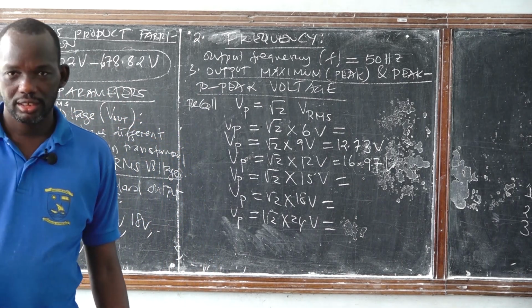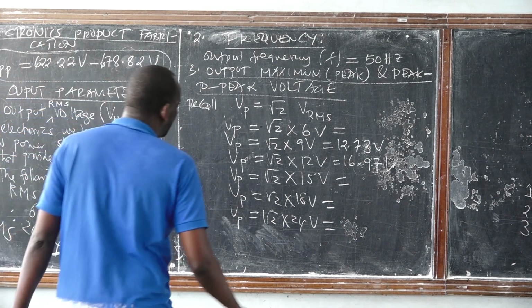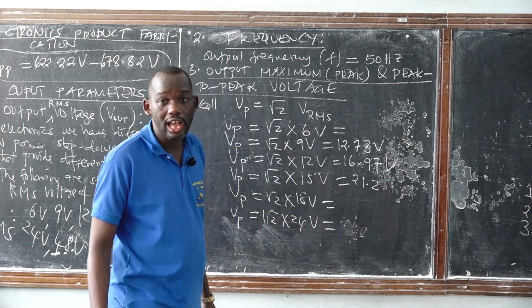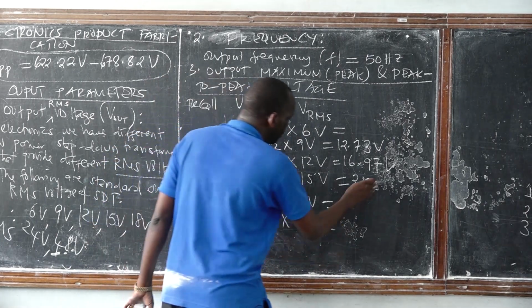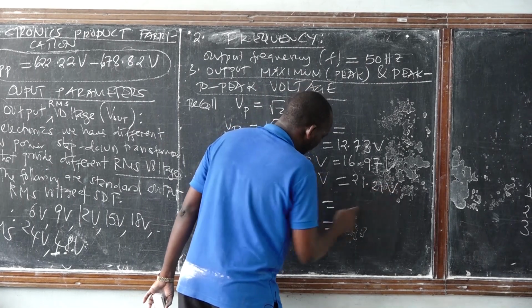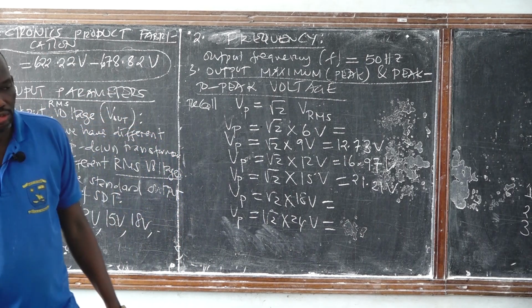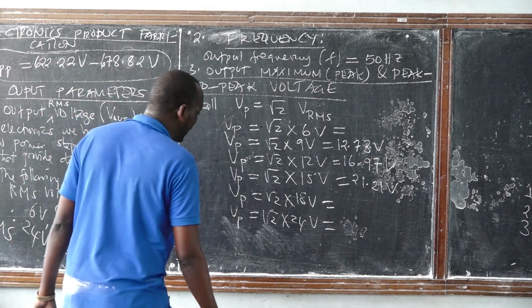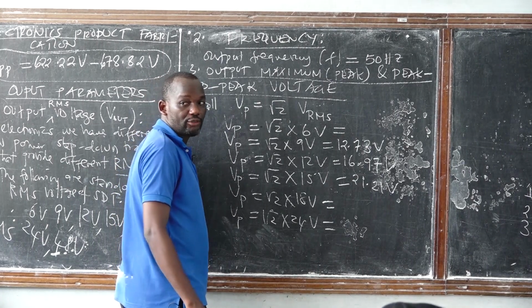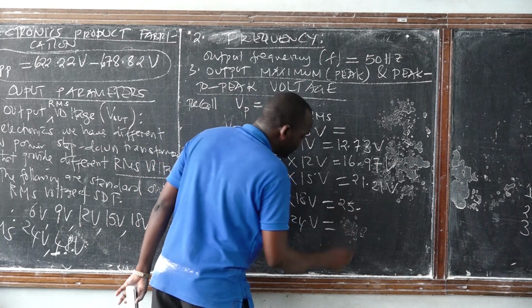It is 21.21. This one, square root of 2 times 18, is 25.46 volt.